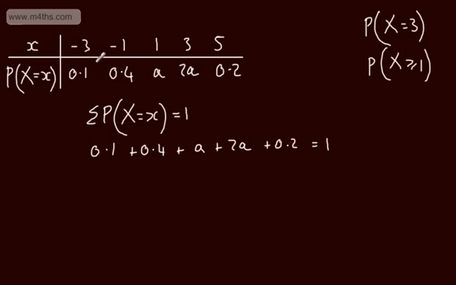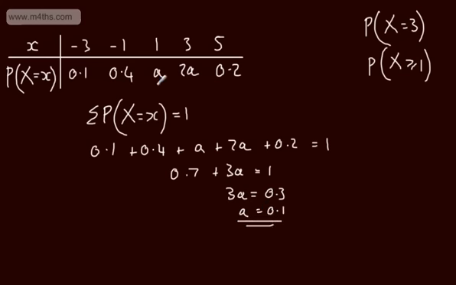These are all of the values that a discrete random variable can take. We know if we sum them, we're going to end up with 1. So what have we got? 0.5, 0.7. So we've got 0.7 plus 3a is equal to 1. 3a is going to be equal to 0.3. So we can see a is 0.1.